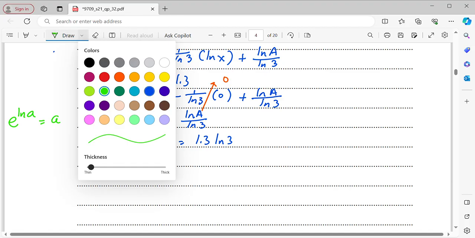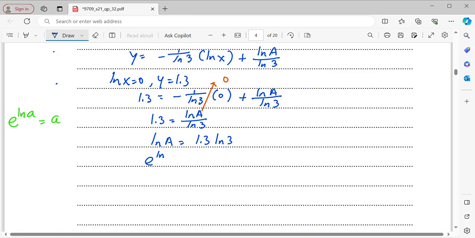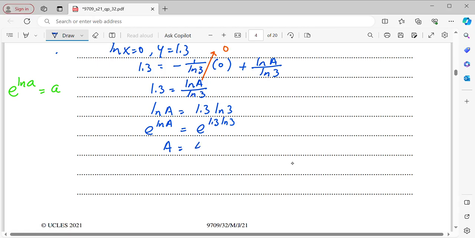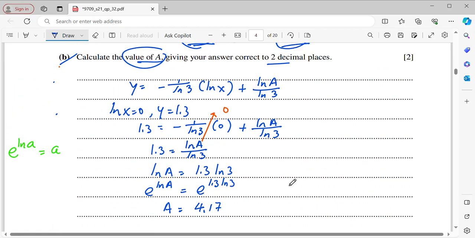Okay, so now if I take e both sides, I will get e to the 1.3 ln 3. So the left hand side will be just a. Right hand side, when you count this, it will be 2 decimal places. So it will be 4.17. So that is the a value.